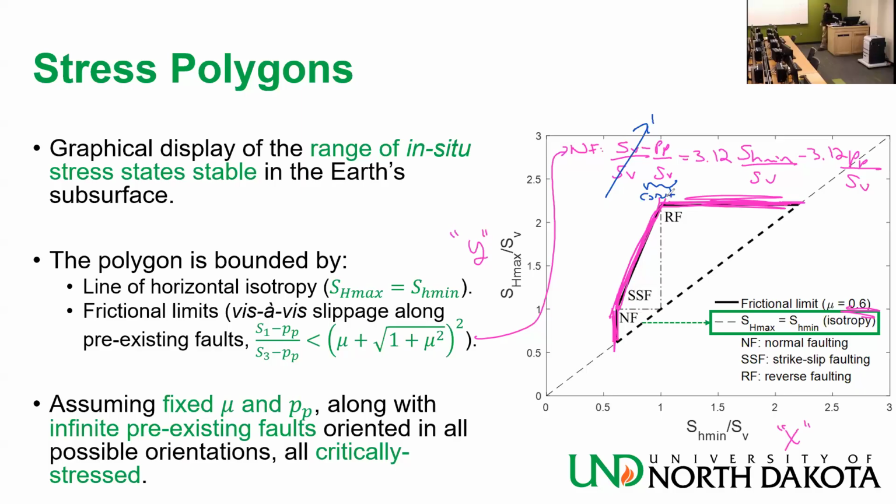Because the polygon is for a fixed pore pressure, I can say if it's hydrostatic, and I assume hydrostatic is 0.43 psi per foot, and I divide by SV, which is 1, it will be 0.433. So it becomes a specific value. Let's just say 0.433 in this case. So this is also a constant. But this is basically X, what we have here.